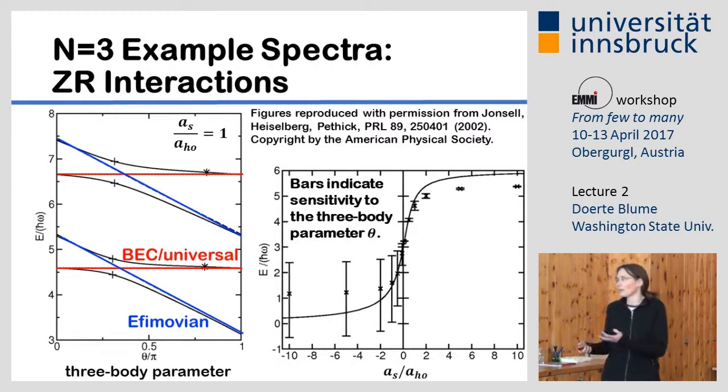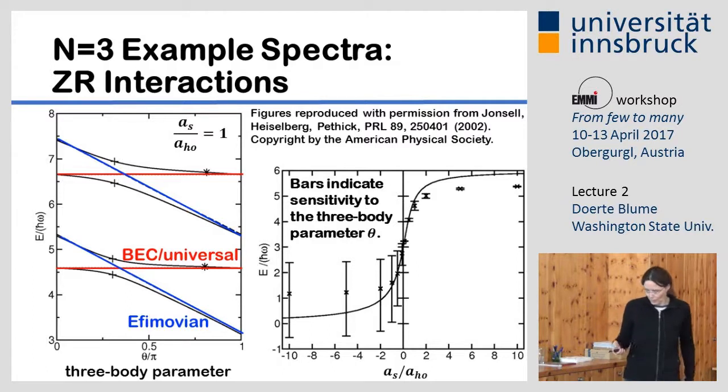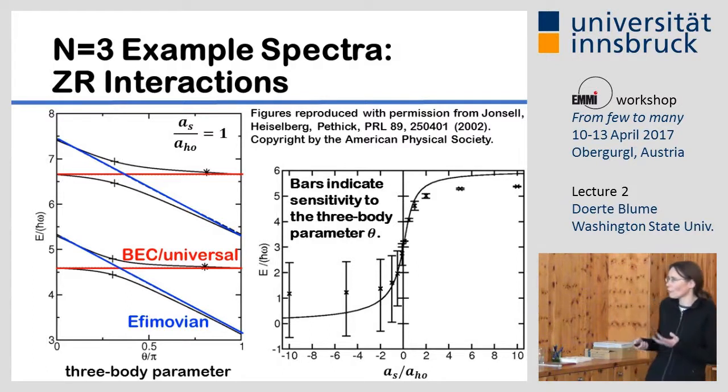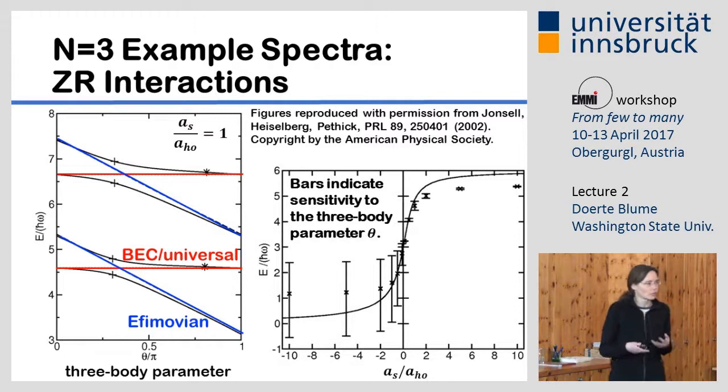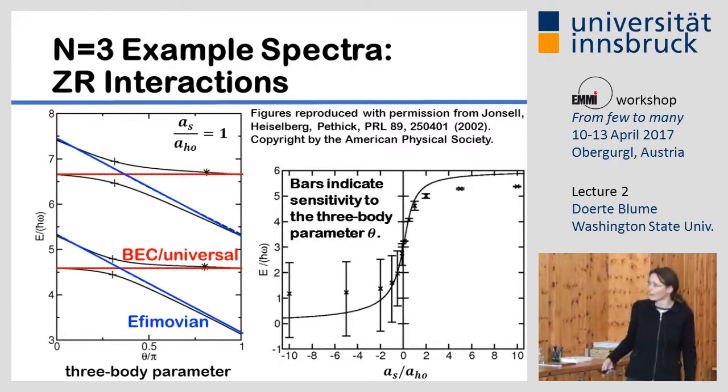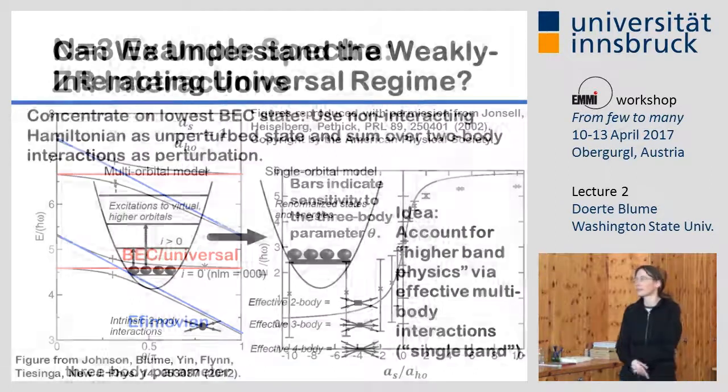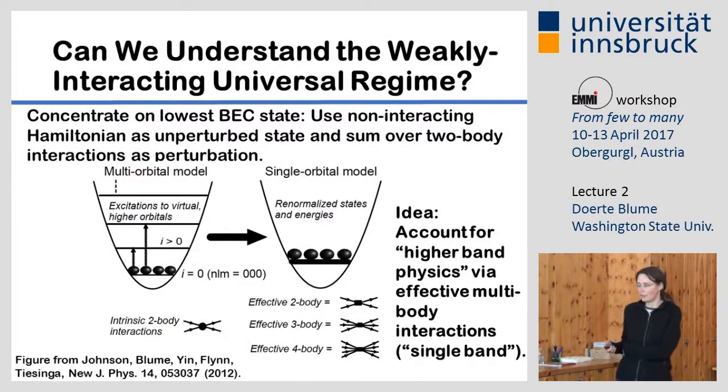So in some sense, what I'd like to do is connect this weakly interacting regime, which we typically think of as understanding very well, with the strongly interacting Efimov regime, where the S-wave scattering length is large. And to look at this weakly interacting regime, I'm going to use perturbation theory.